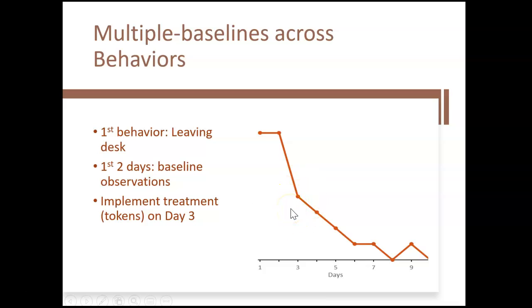So you could interpret that as staying at one's desk more, even further declining on day 4, even less leaving your desk on day 5, less and less and less. A little blip on 9, but you're still leaving the desk far less with the application of the tokens that started on day 3. So what you see here on this graph is that the behavior that you want to decrease has in fact decreased with the counter-conditioning approach.